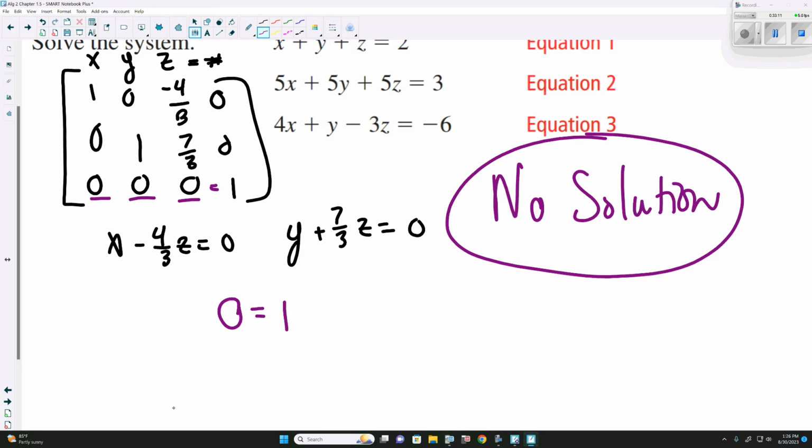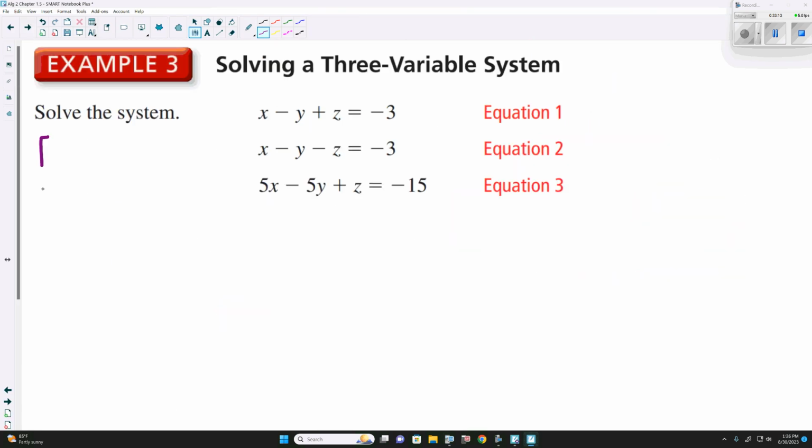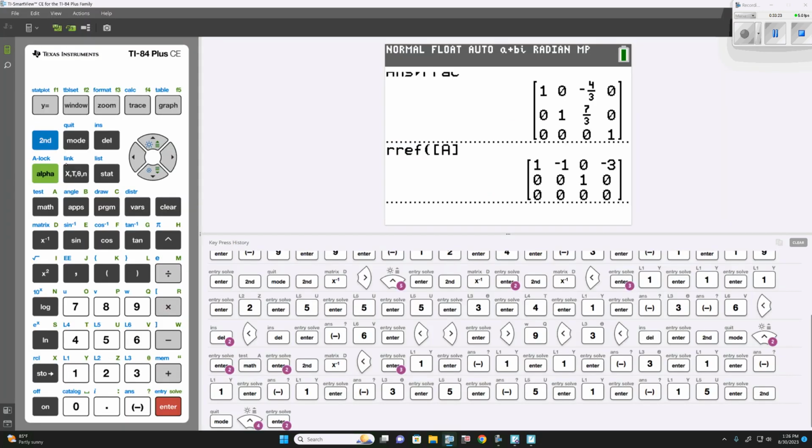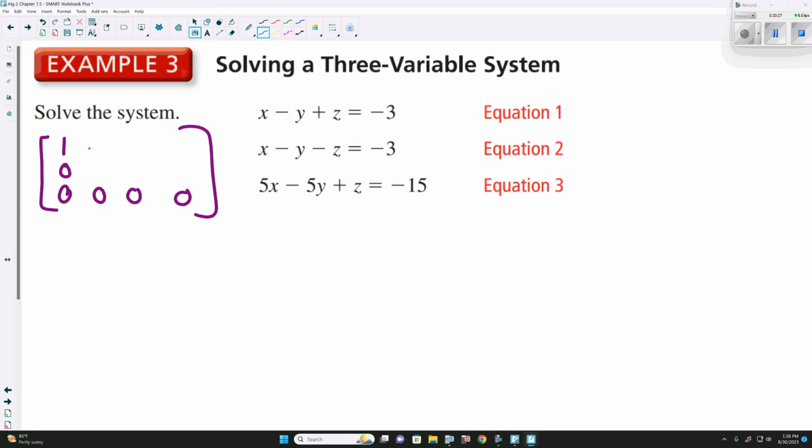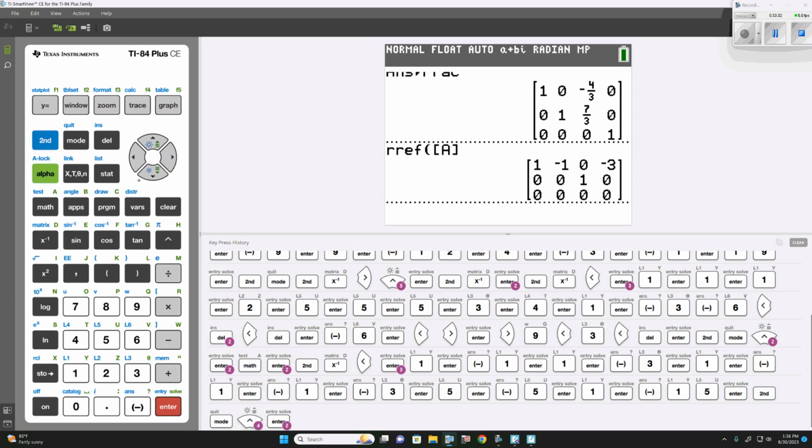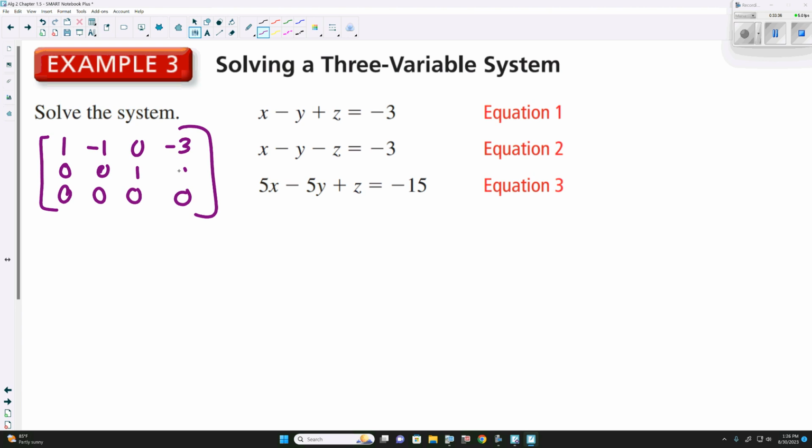So, and that's this one here. We did this one the other day. This is from the note sheet yesterday, because this one here we solved.